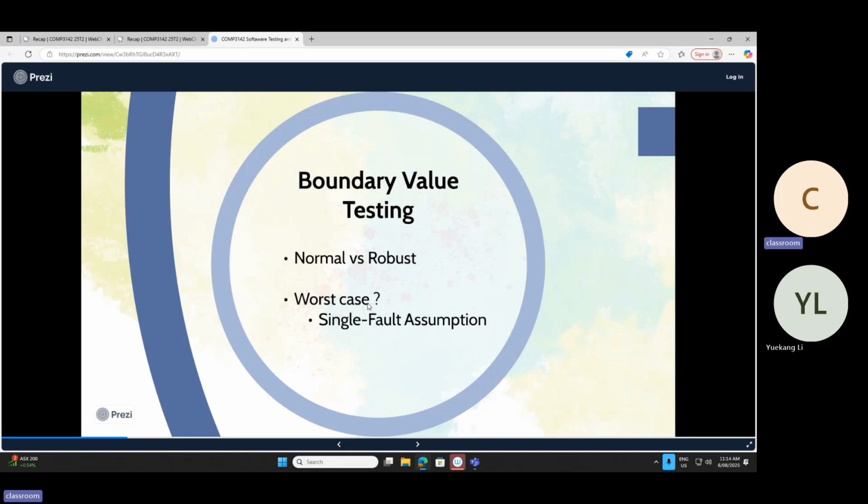And if we break this assumption, it means that more than one parameter can take invalid values. And that is like the worst case we can have, right? So, we can have different variations based on these different characteristics of boundary value testing.